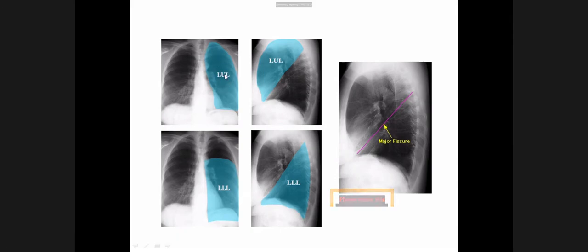This is definitely the left side, so this lobe is in the left side. Then you have to look at the lateral one to localize the lobe. If it is inferior to this oblique fissure, this is the area of the left lower lobe. So you have to write left lower lobe.